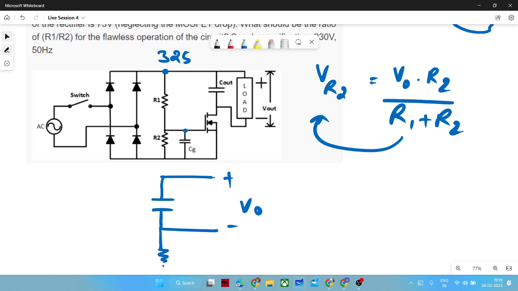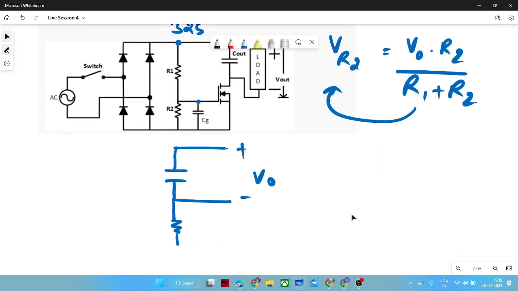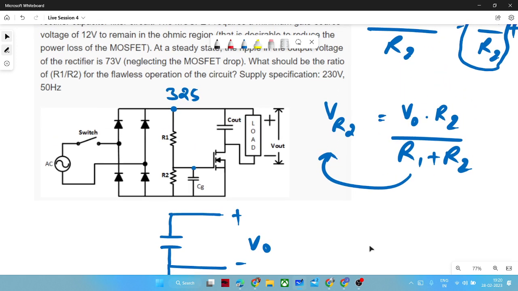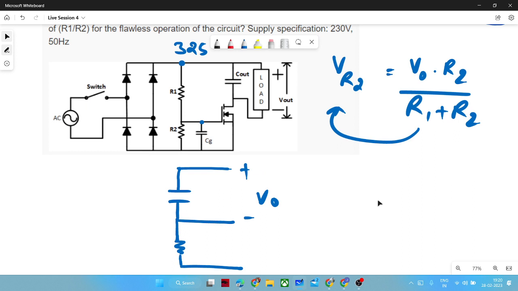Let us model it with a resistance. So at the lower voltage, it should not turn on. And then after the capacitor CG charges, only then will it turn on. So initially we do not need this switch to be turned on, so that it offers higher resistance. So at the lowest voltage also it should work. That's why we are taking 12 volts. After 12 volts, it will be on.